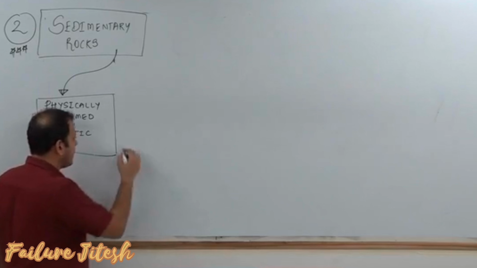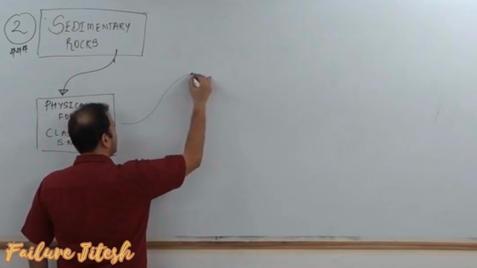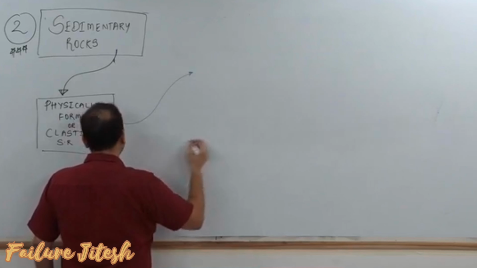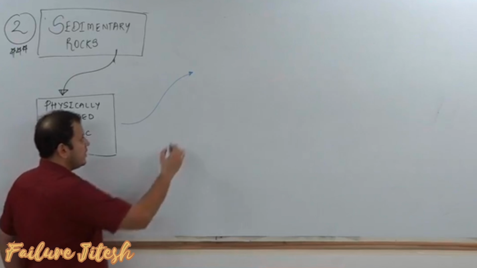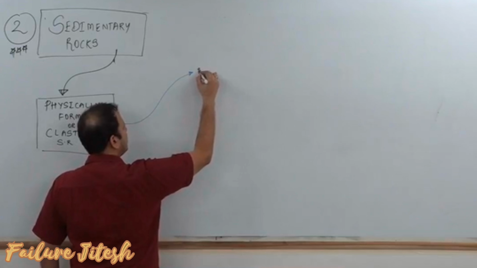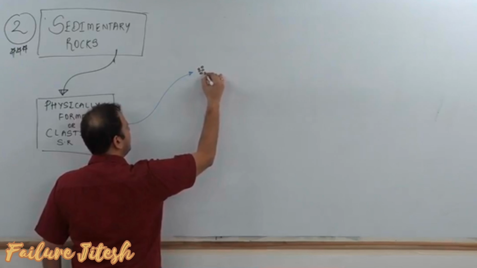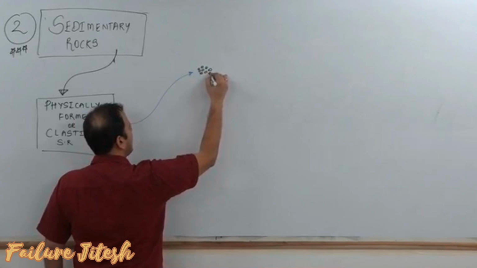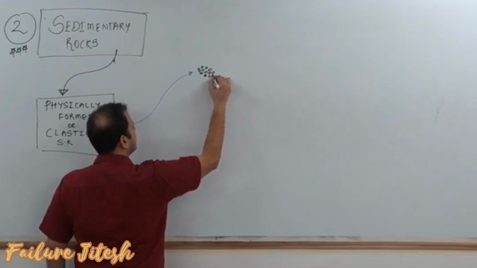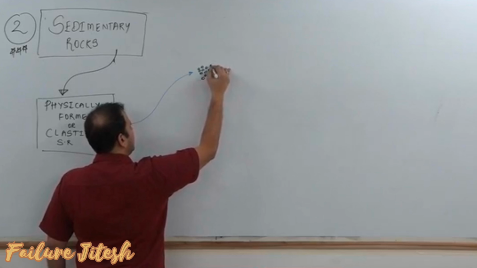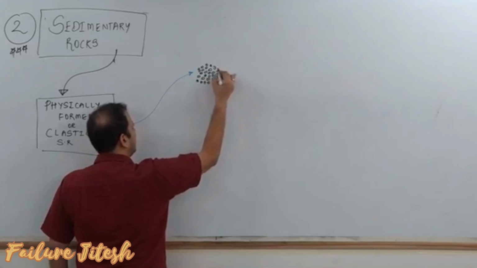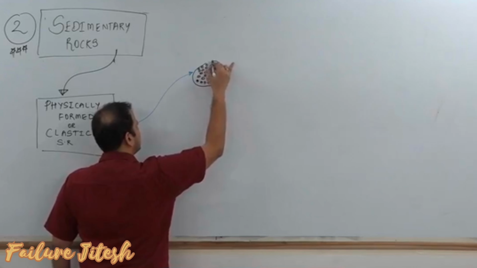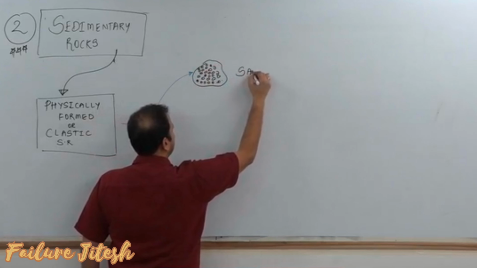Example 1. Don't do all the examples. Examples which we are doing are more than enough. Now see, if the size of the sediments is somewhere around 0.5 to 0.25 mm, and if they are compacted over the period of time, this will form stone, and if the size of the sediments is this small, we will call this stone a sandstone.